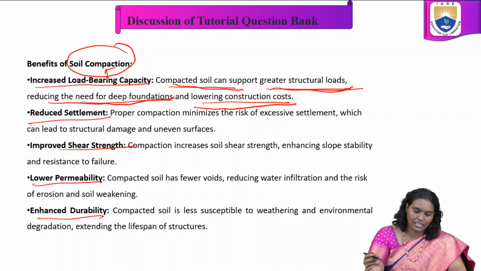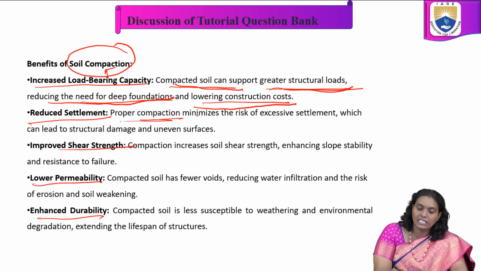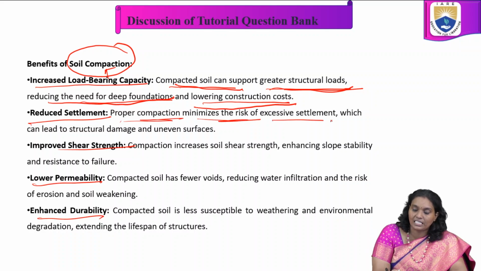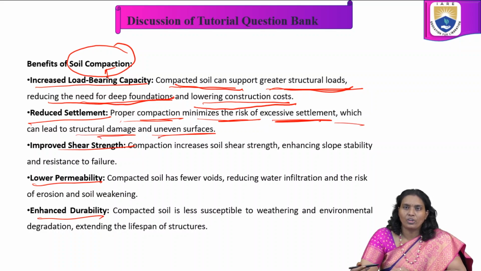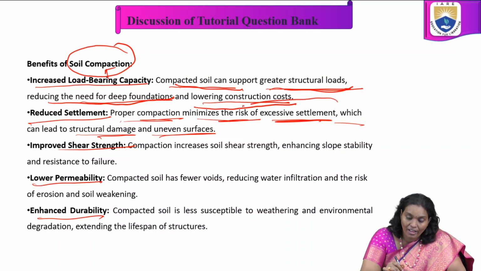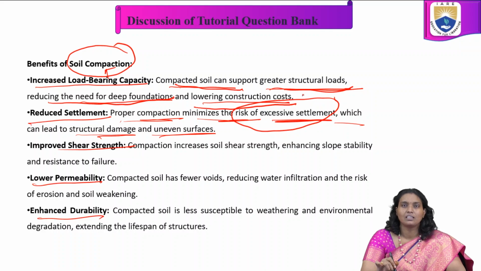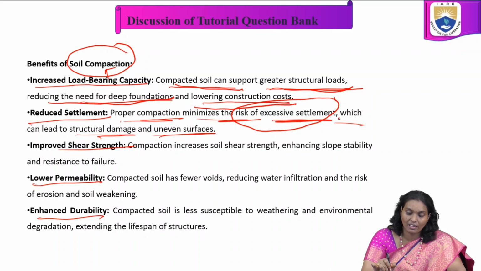Now, reduced settlement. Proper compaction minimizes the risk of excessive settlement, which can lead to structural damage and uneven surfaces. So proper compaction minimizes the risk of excessive settlement, which means it reduces uneven surfaces.